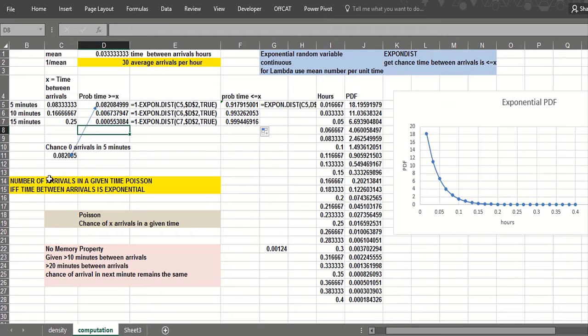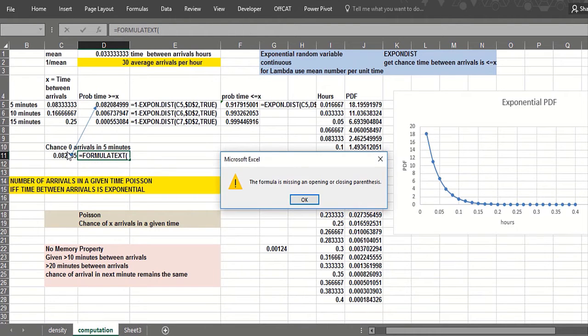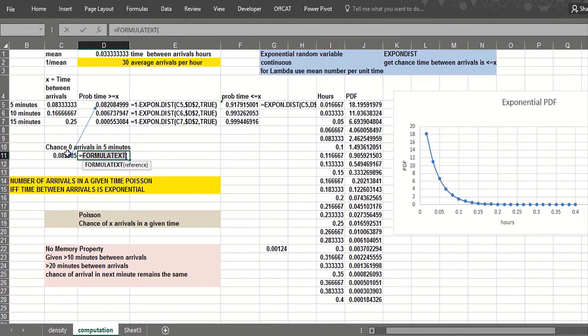Now the relationship between the Poisson and the exponential that we discussed, let's check that here. So basically the chance of at least 5 minutes between arrivals is 8%, and the chance of 0 arrivals in 5 minutes should also be 8%. And we can get that from the Poisson. So we want the chance of 0 events in 5 minutes.